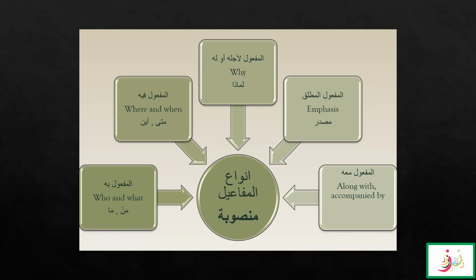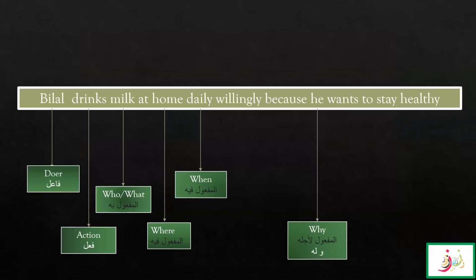Maf'ul fihi answers the questions about where and when, mata and aina. Maf'ul li-ajlihi or lahu answers the question for why. Maf'ul mutlaq is mostly a masdar, and it gives emphasis and intensifies the sentence. Maf'ul ma'hu is along with or accompanied by. We'll see the examples for these maf'ul soon, inshallah.